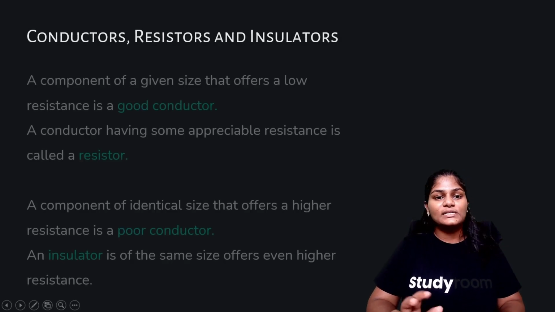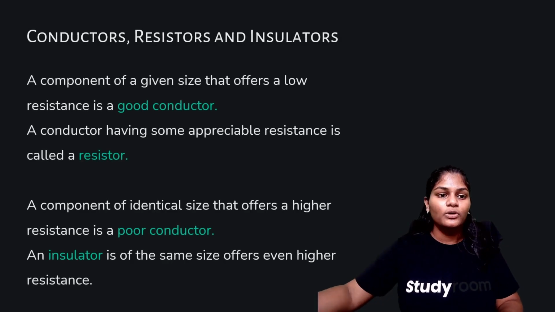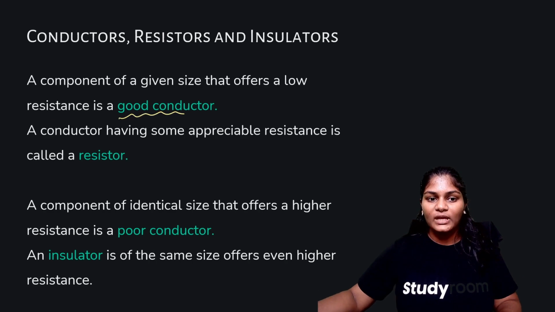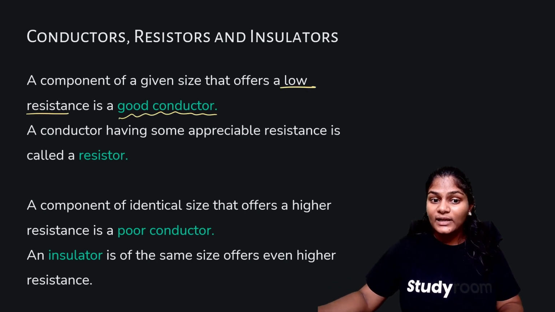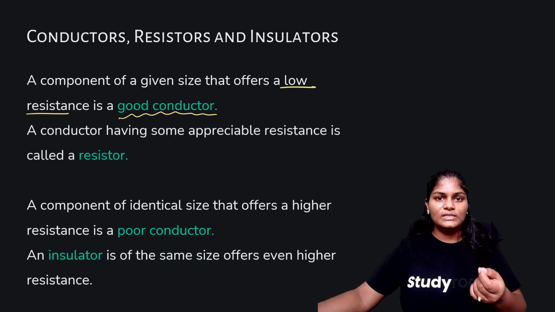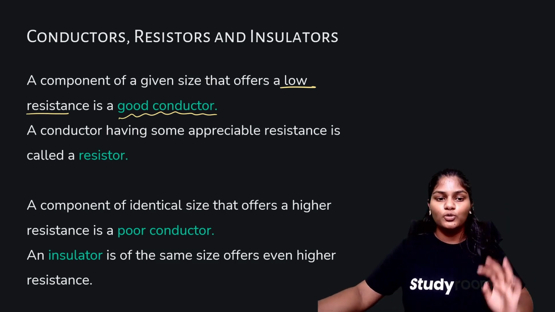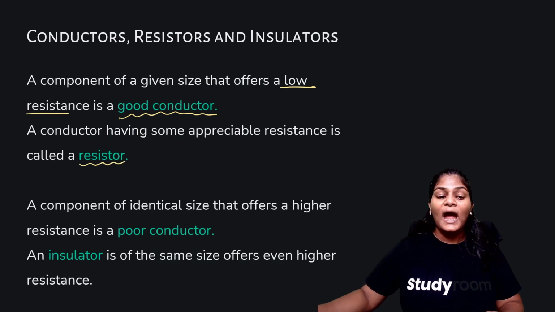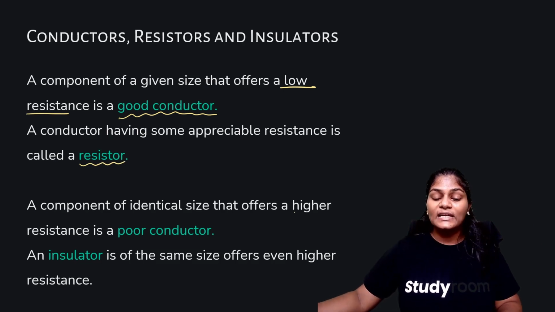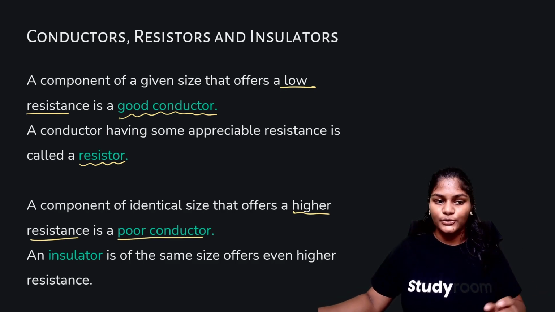Now, conductors, resistors and insulators. Like I just told you, a good conductor is a component that offers a low resistance. A conductor having some appreciable resistance, that means a little bit of resistance, not too much, is a resistor. And a component of identical size that offers a high resistance is a poor conductor or a bad conductor.